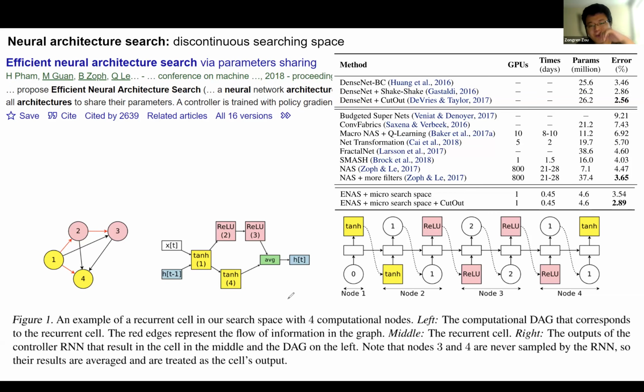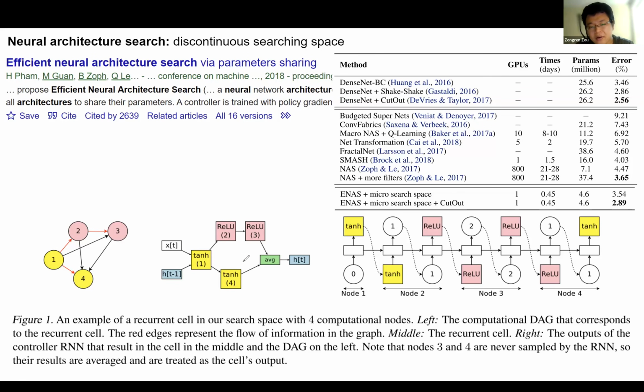So to be clear, there are 2 neural networks. One is the target neural network, and the other is the controller neural network. The controller neural network is the one which outputs the architecture, and the target neural network is the one used for a specific target, like classification, segmentation, or detection.